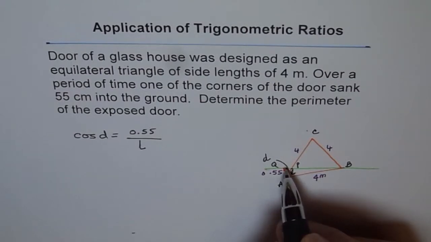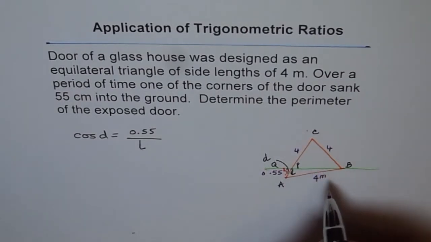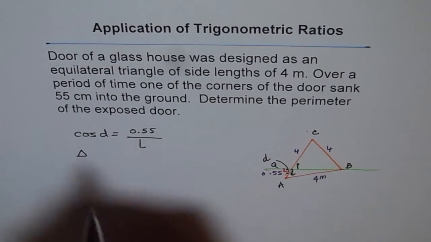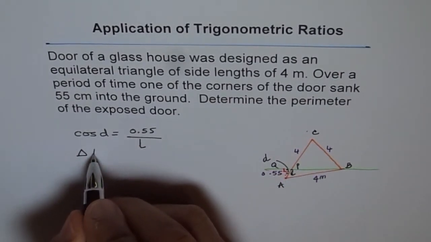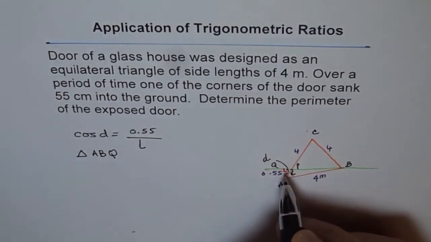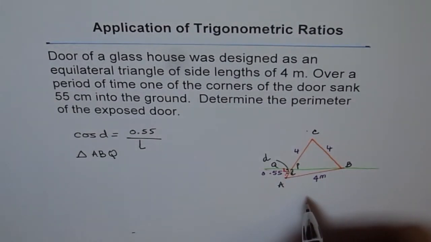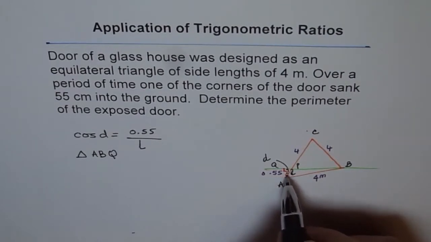Now let's consider triangle ABQ. That is a right angle triangle with 90 degrees at Q and AB as the hypotenuse. So we can find the angle at A with the help of that.